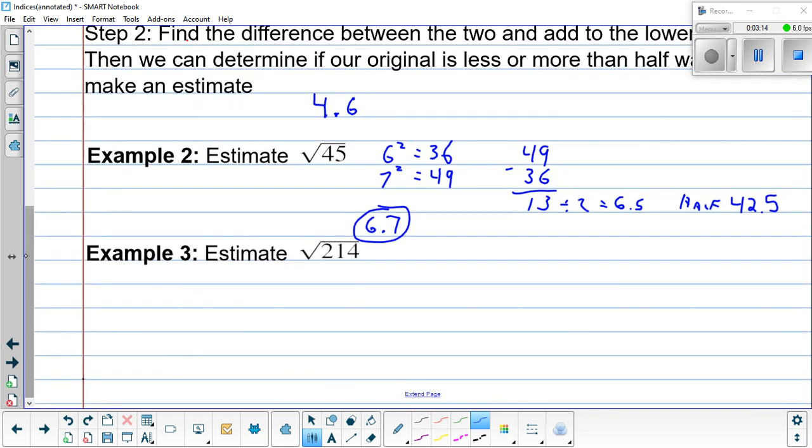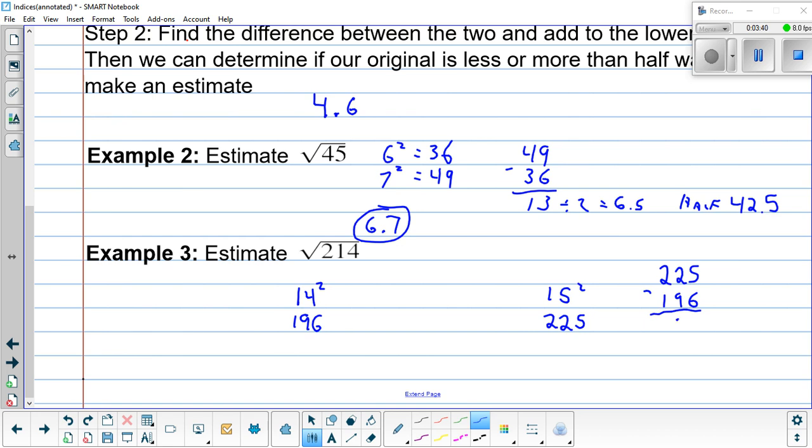Lastly, we have estimate the square root of 214. Well, that's really hard because that's some of our bigger squared numbers, but that's between 14 and 15 squared, right? Because 14 squared is 196. 15 squared is 225. So if we subtract those two, and keep in mind, I'm doing this all without a calculator because you should be able to replicate this.